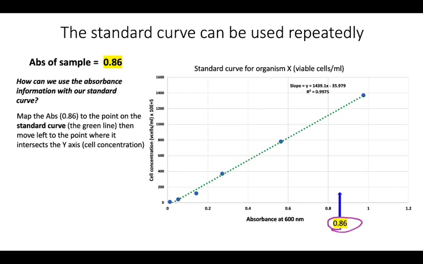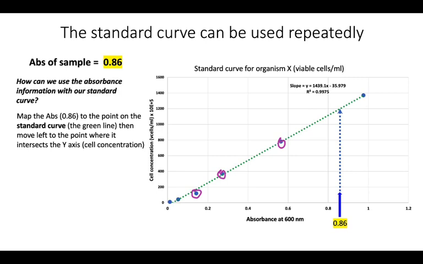So here's 0.86. We can then go straight up and see where that point intersects our line. And this is the line that you determined from your cell concentration from your spot plate versus absorbance of the samples that you did in class. Here are those particular points, and then we simply connected them with this line.